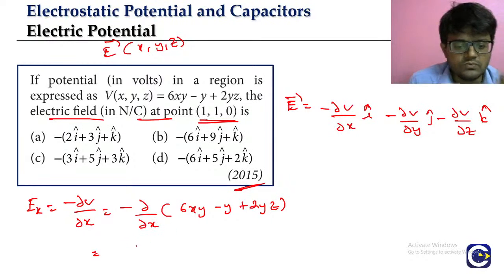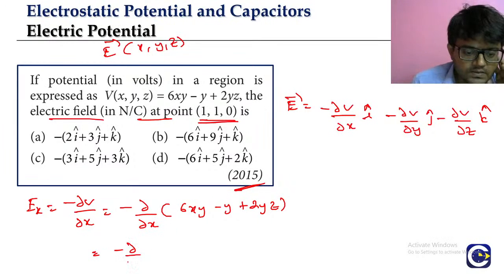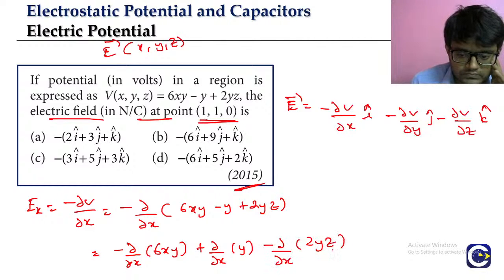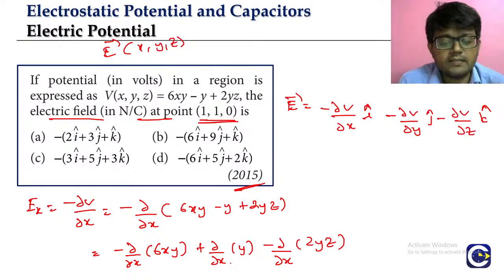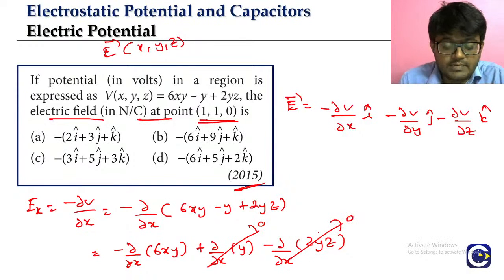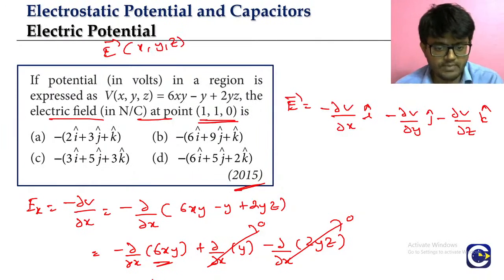We split it and write. See, we are taking the partial derivative with respect to x, which means y will be a constant. Similarly here, yz also will be a constant. So the second term and third term become 0. Only the first term will be remaining. We will be having only the first term.